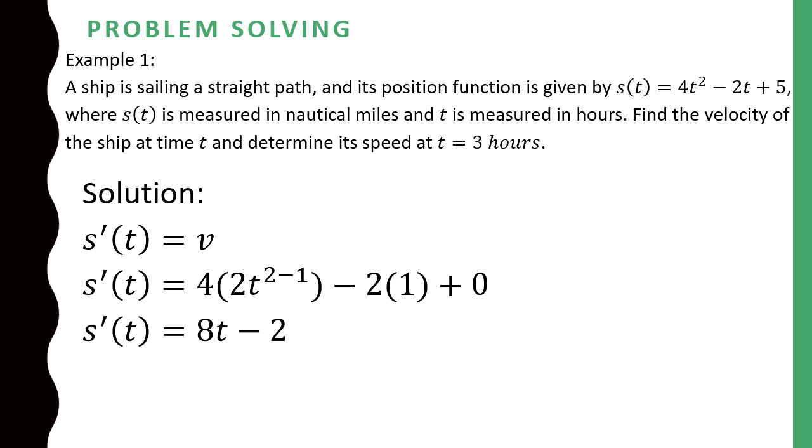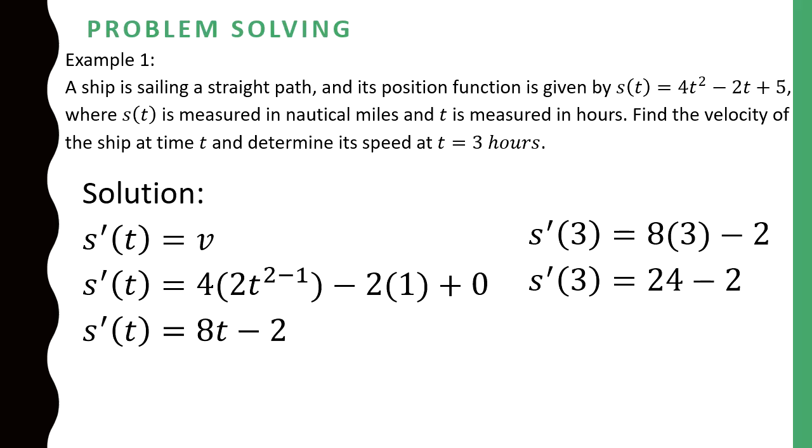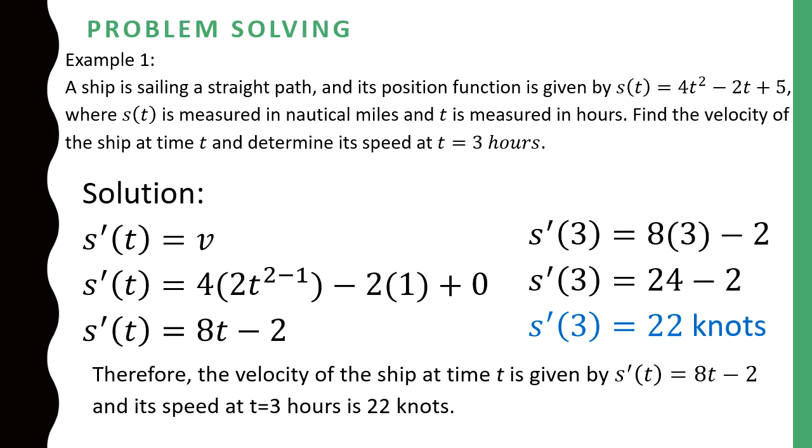And to solve for the speed at 3 hours, we have to substitute 3 hours in our variable t. So we have here s prime of 3 equals 8 times 3 minus 2. That will be 24 minus 2, or to simplify that further, that's 22 knots, because distance is given in nautical miles and time is in hours.